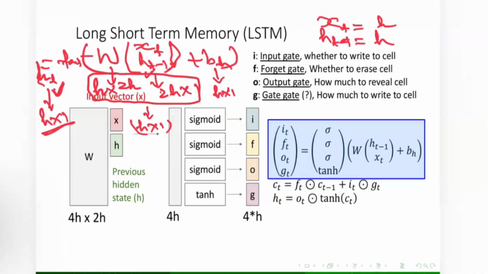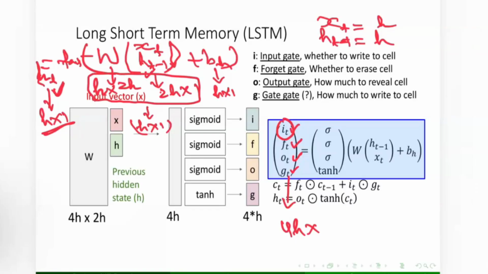The RNN had H into 1, so I want the same dimension for every component. How many components am I going to calculate here? Four components: input gate, forget gate, output gate, and gate gate. For every component I want H values, so in totality, I want 4H values.